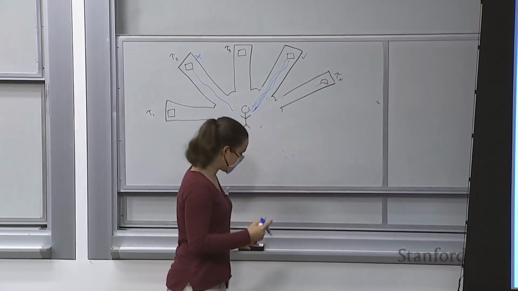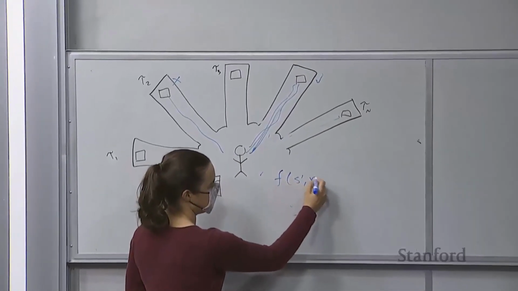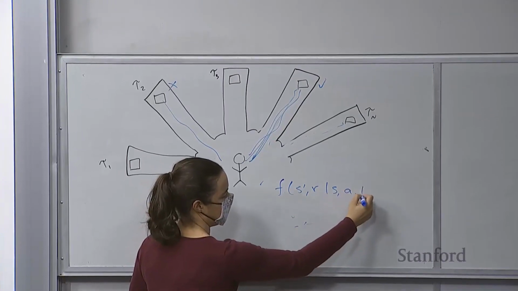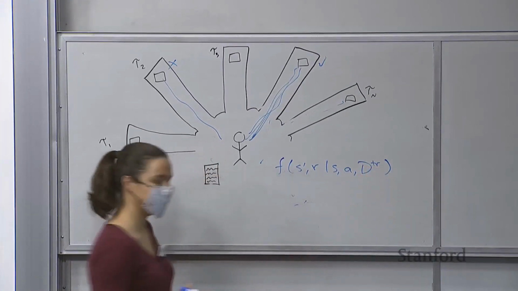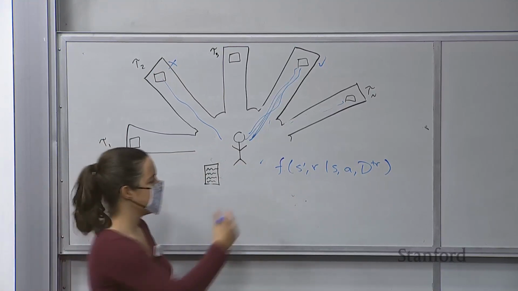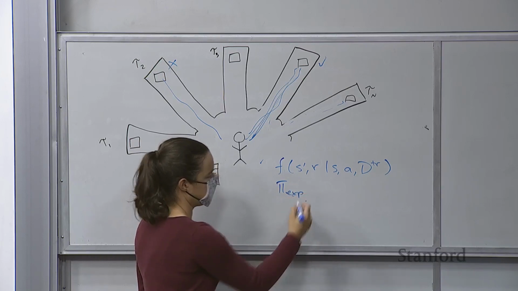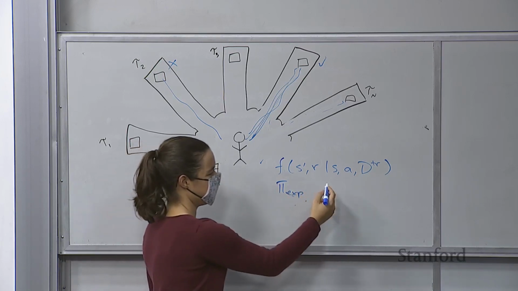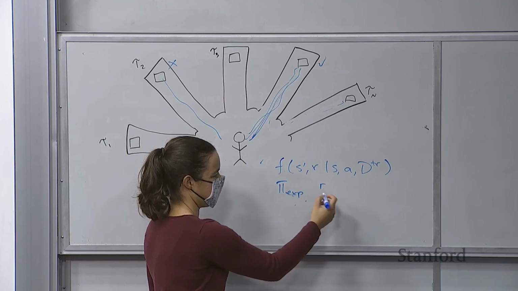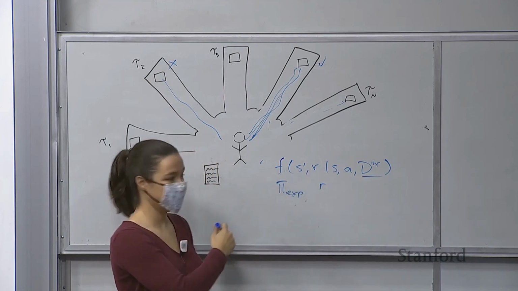And so to summarize what's happening here, we are going to learn to predict the dynamics and the reward given the state, action, and our experience. This is just trained with mean squared error or something like that. Then we'll learn an exploration policy that gets high reward if the data that it collected helps this model predict well.